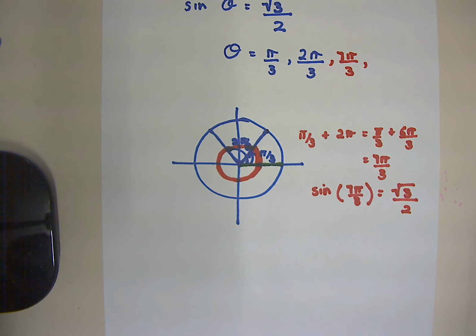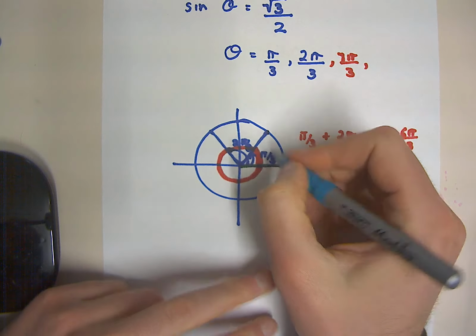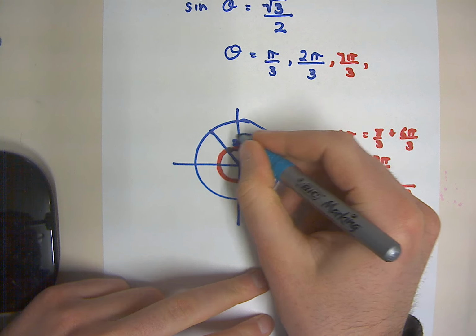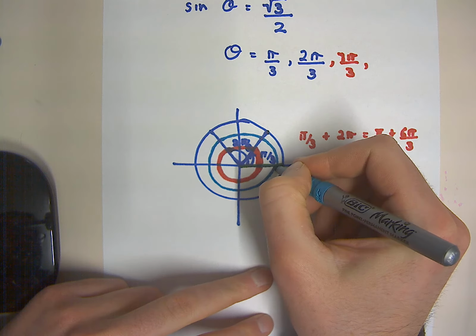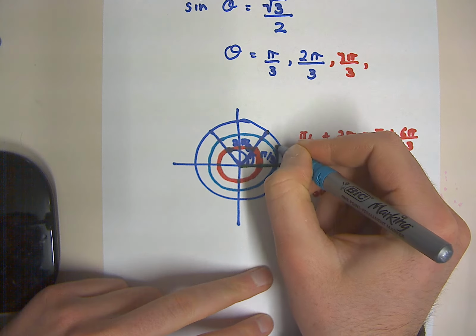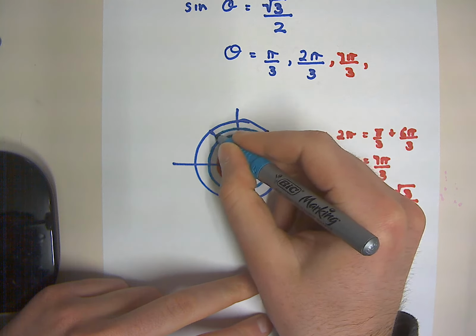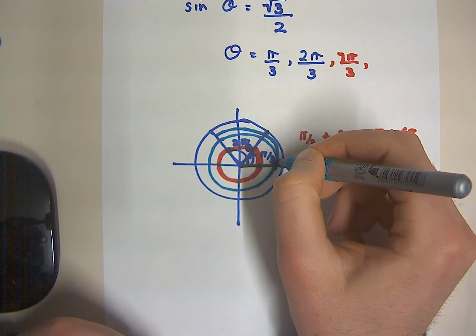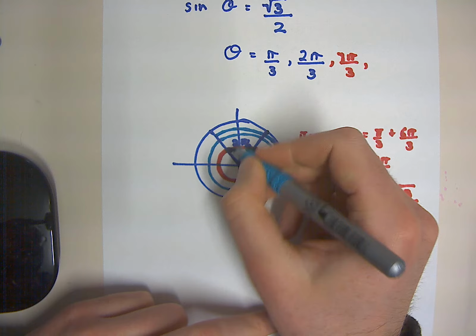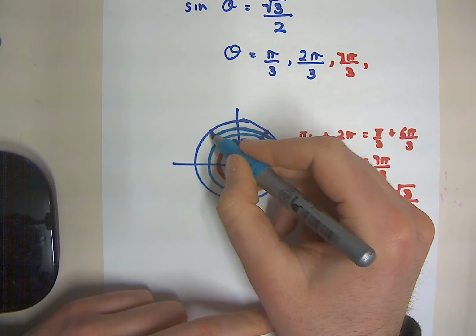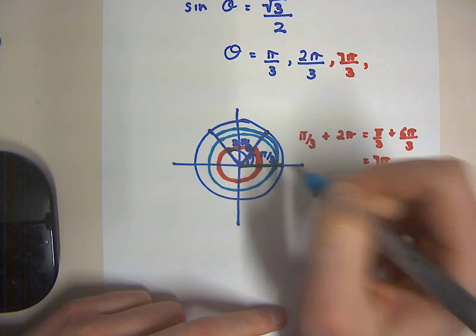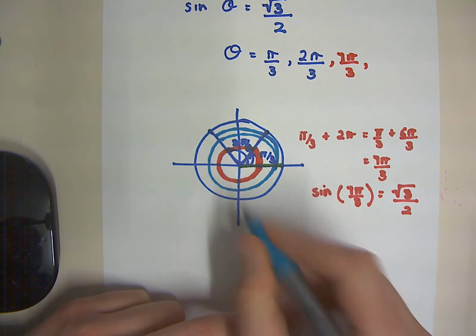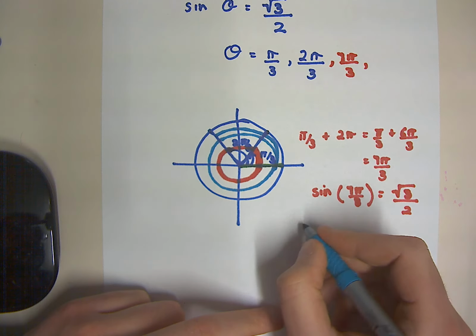But then I can also do a similar sort of thing for where it was 2 pi on 3. So starting at the positive x-axis, pi on 3 goes to 2 pi on 3. Then I come all the way around to 2 pi. Then instead of stopping there, I keep going, past pi on 3 to 2 pi on 3. For this angle, point P on the unit circle has a y coordinate of root 3 on 2, and so the sine of this angle is root 3 on 2 as well.